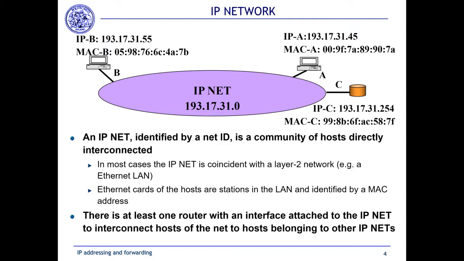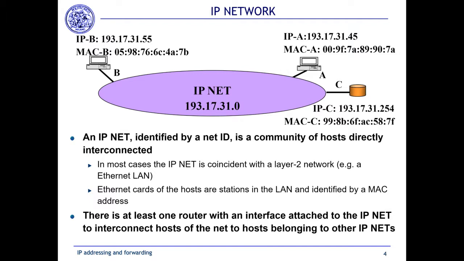In an IPNet, you have hosts, so network interfaces of the hosts, and usually at least one router. Because if you don't have at least one router in the network, this network is isolated from the rest of the internet. So in order to connect the network to the rest of the internet, you need a router which is connected to this network.